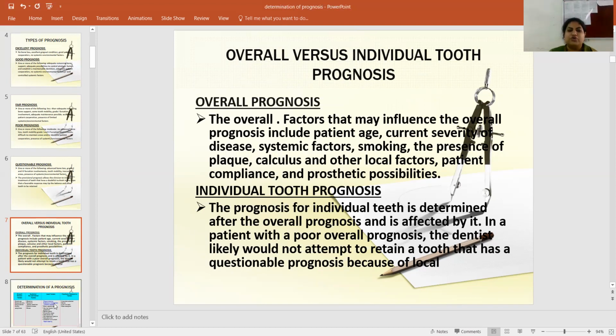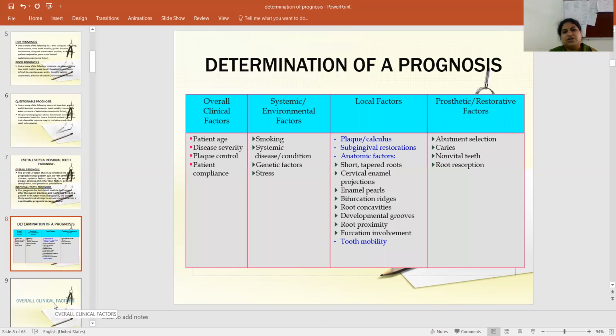For the overall prognosis, you are going to assess overall clinical factors, which include patient age, disease severity, plaque control, and patient compliance. These are the major components. You assess the patient age, how you can categorize the disease into mild, moderate, and severe, and how the patient is going to maintain plaque control.